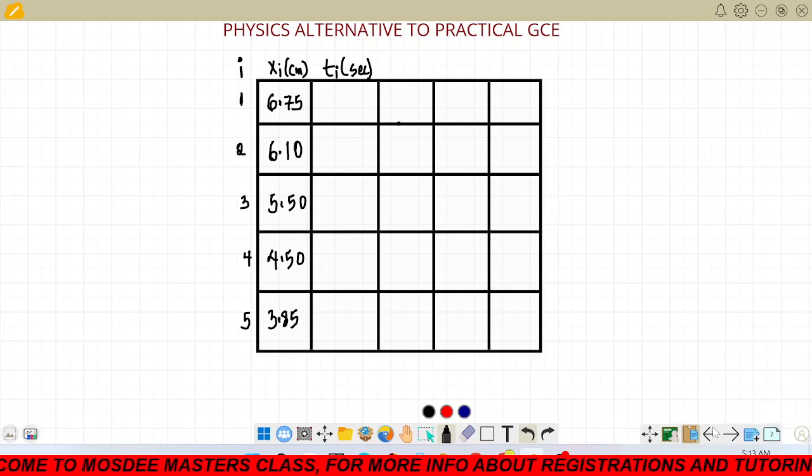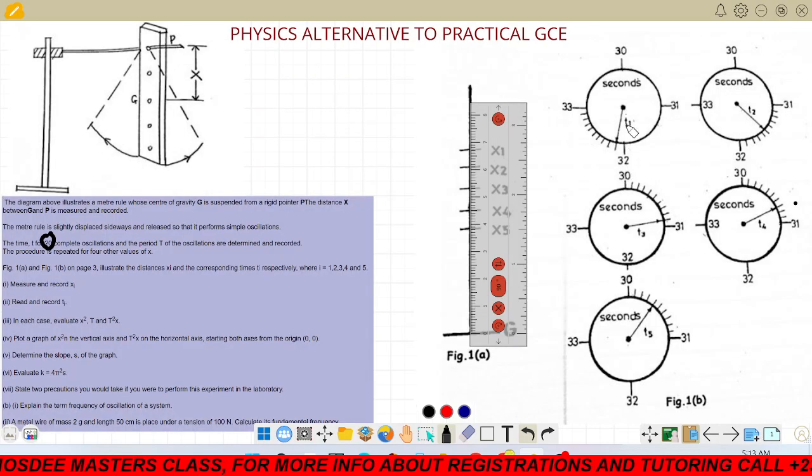You are going to definitely have a diagram in your paper here, which is going to show you what you need to know. For this one, to be honest with you guys, I don't actually need a ruler. I just have to understand the position of the diagram. When you are doing questions on mechanics, you just have to understand the position of the diagram. So I can see that this one was 30 seconds here, this one here is 31, and I'm having 32, and here I'm having 33.